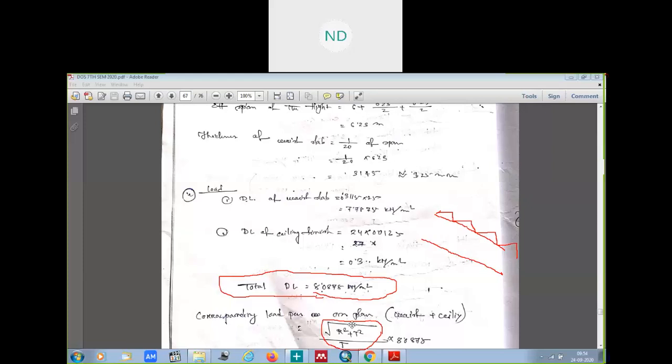Hence our total dead weight of the slab per unit horizontal area is given by this much.